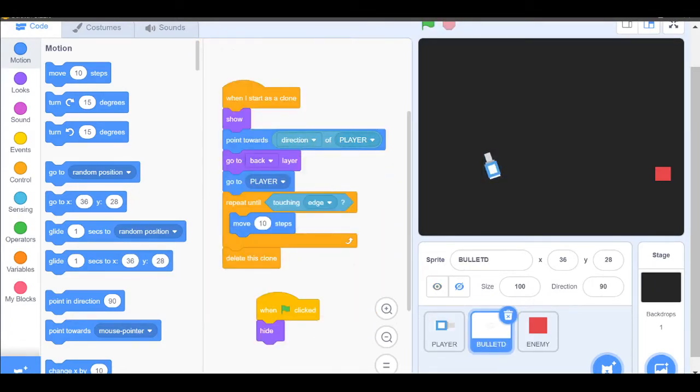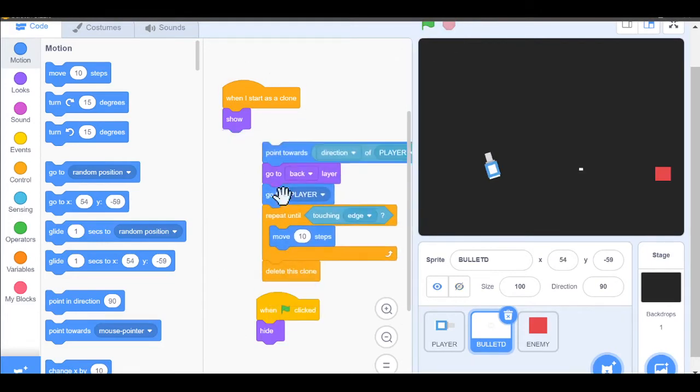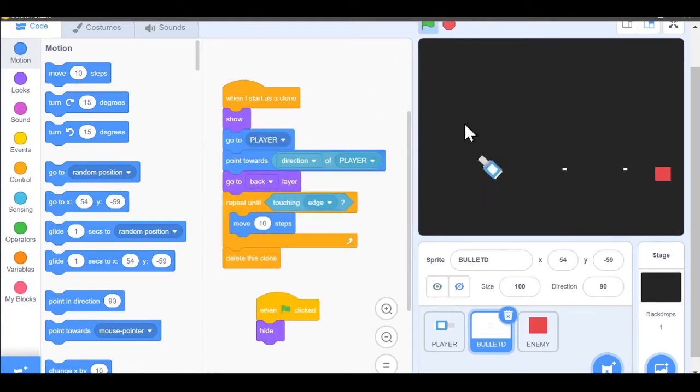After I did the shooting mechanism, there was this wrong thing about it. Wait, it shoots, right? But when I point direction, it doesn't point the same direction.